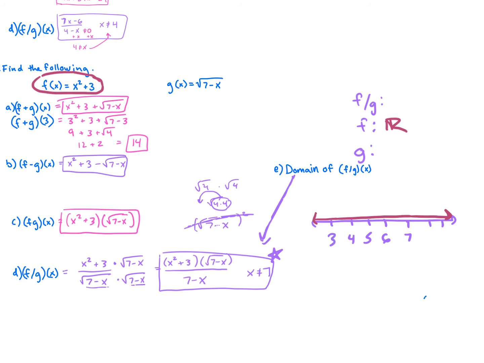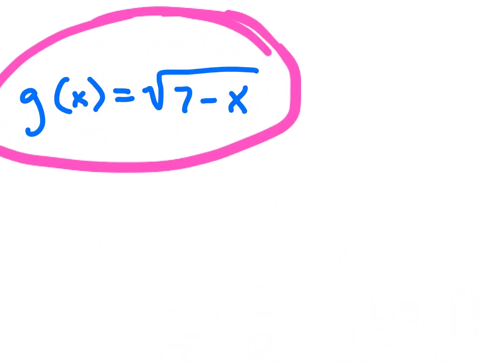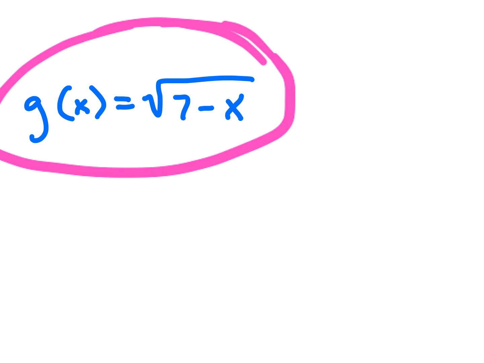All right, let's look at g. What can I not plug into g? I need what's under the square root to be greater than or equal to 0. I can't think of anything, well, let's solve, right?